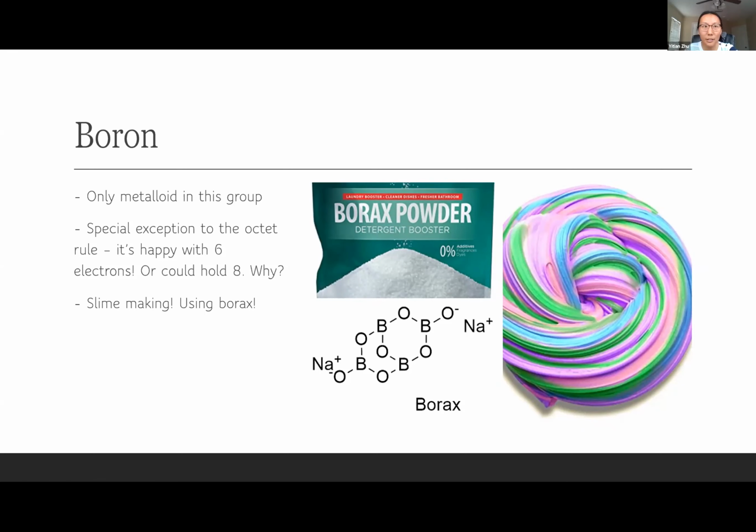And they bond specifically to the boron, which can make 8 bonds if it really has to. And so now you've got a tangle of glue and borax that are bonded to each other, and that's how slime forms. I know a lot of you guys love watching slime videos because my sister does. So I thought it would be really interesting to explain the science behind slime.